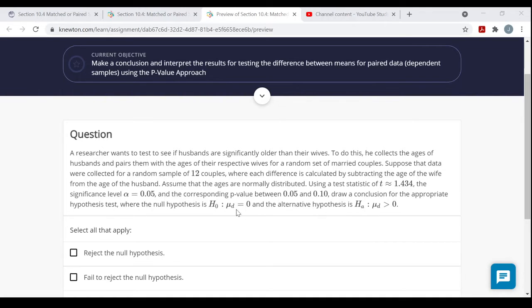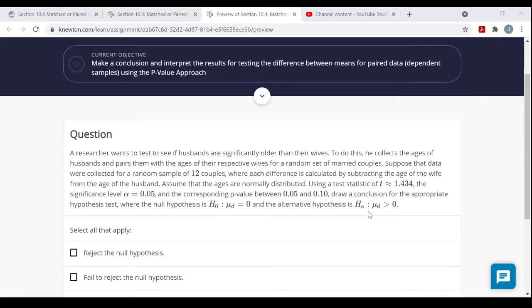So this null hypothesis is that there is no difference in age between all husbands and their wives. And the alternative hypothesis is that mu sub d is greater than 0. This is the statement that husbands are significantly older than their wives on average. The difference in their ages is greater than 0 on average.